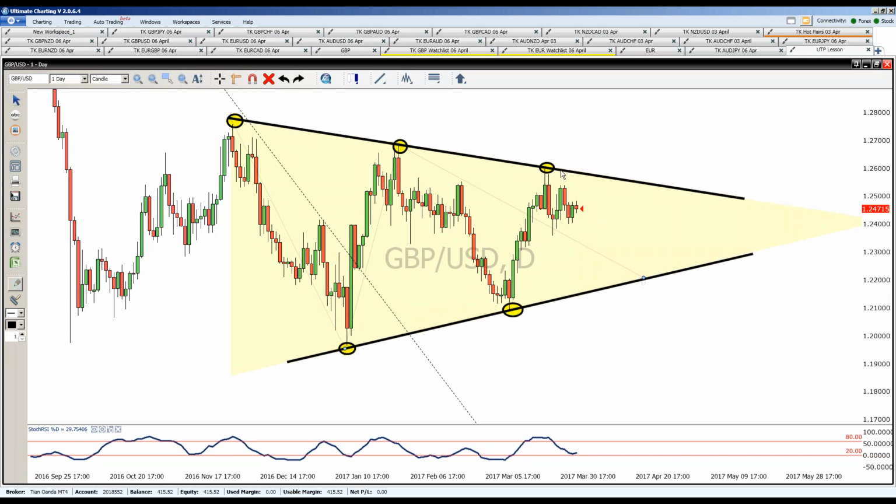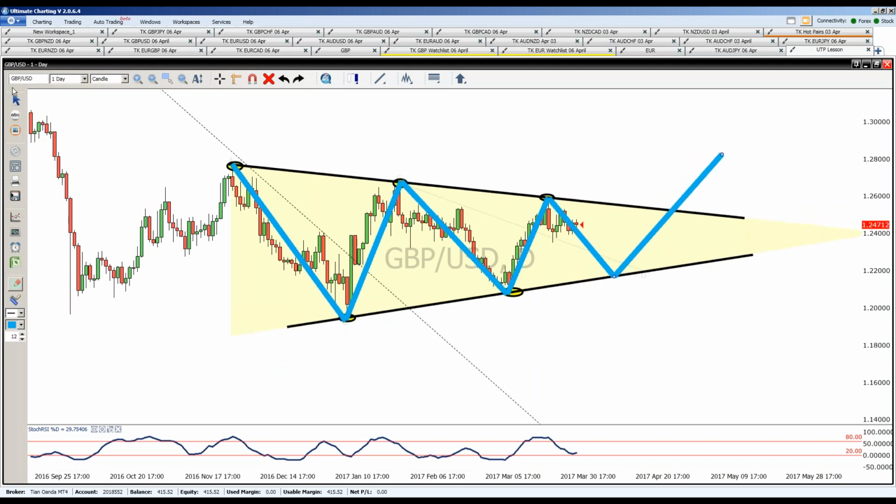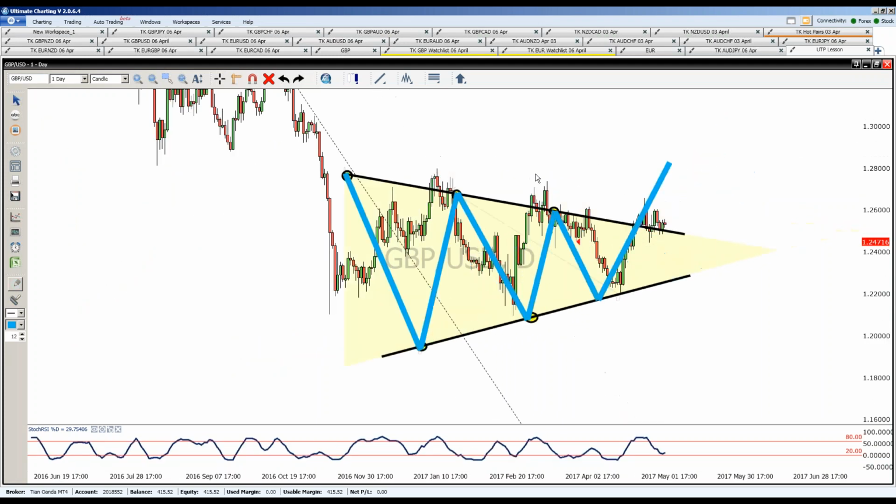Now the market bounced at the pennant, and we could see that the market has been waving inside this pennant like this. Market moves from resistance to support, and then support to resistance, resistance to support, and then support to resistance. Now we have bounced at resistance and we could be heading to support again. Ultimately, I do believe that the market will break that pennant to the upside.